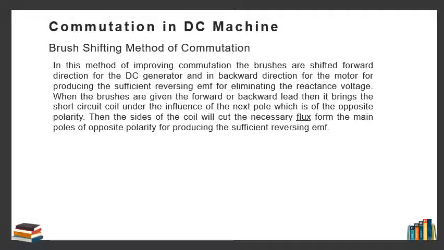When the brushes are given the forward or backward lead, it brings the short circuit coil under the influence of the next pole, which is of the opposite polarity. Then the sides of the coil will cut the necessary flux from the main pole of the opposite polarity for producing the sufficient reversing EMF.